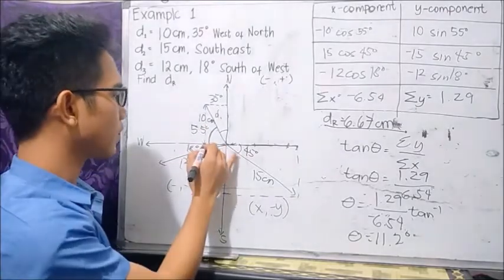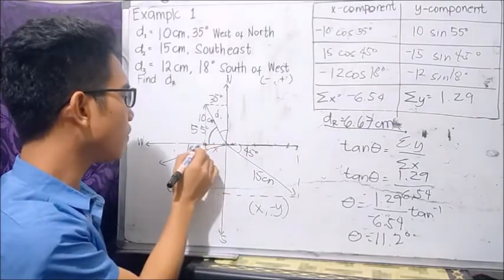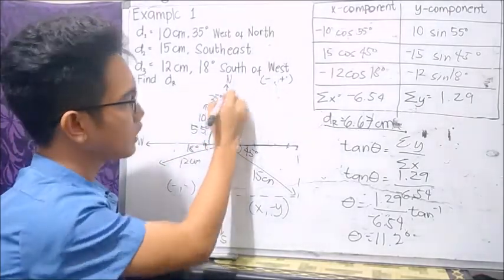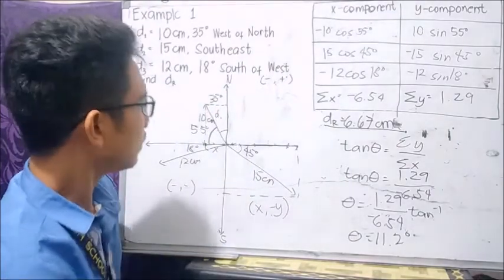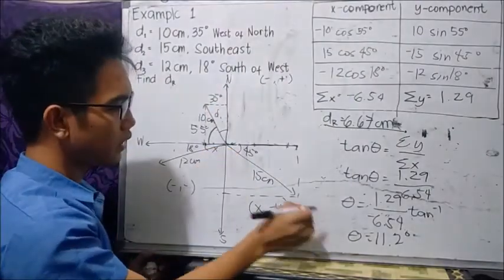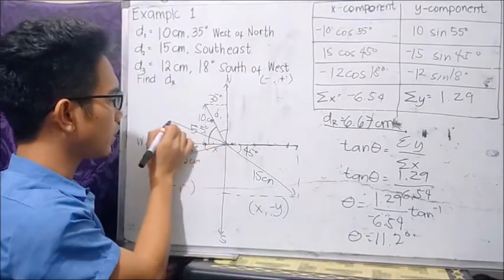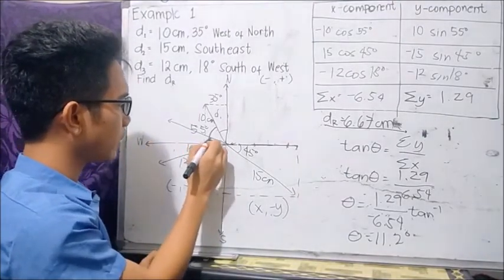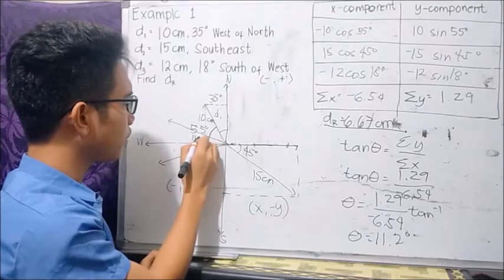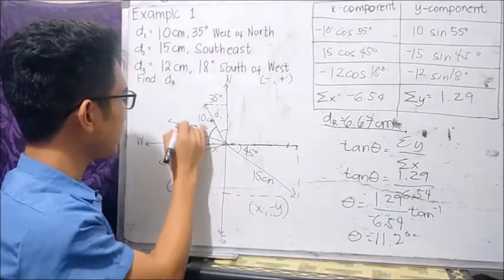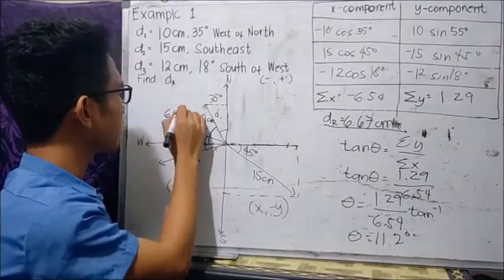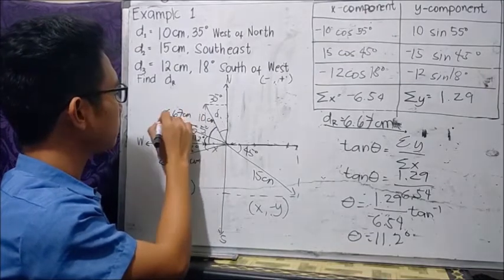Since the x component is negative and the y component is positive, with an angle of 11.2 degrees, our resultant vector is on this part of the Cartesian plane. This is 11.2 degrees and this is 6.67 centimeters.